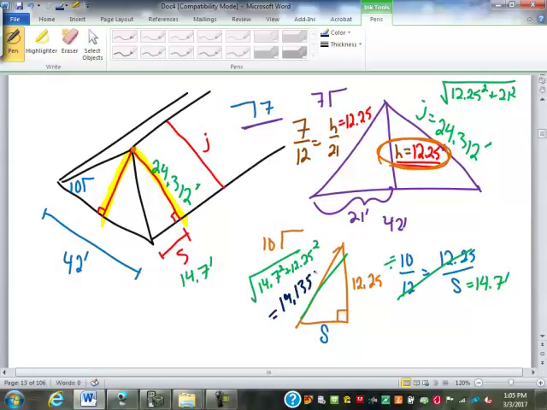So 19.135 we'll call it. So I've got those three all figured out. Got my setback, I got both, I got my common rafter, and I got my longest jack.